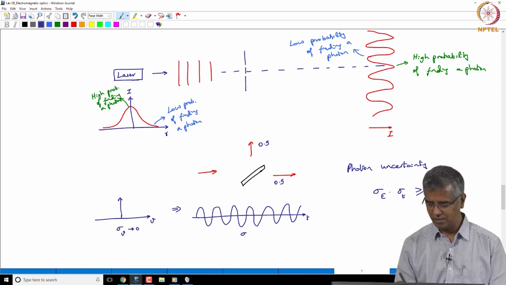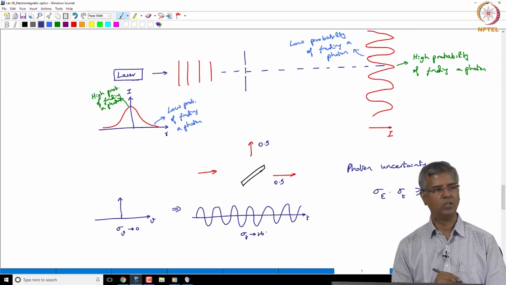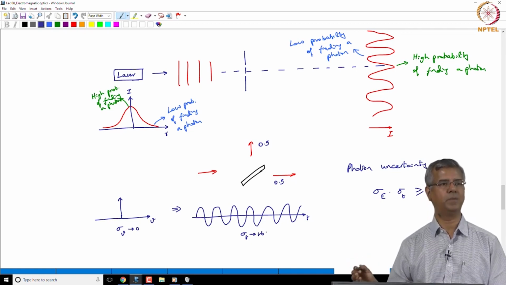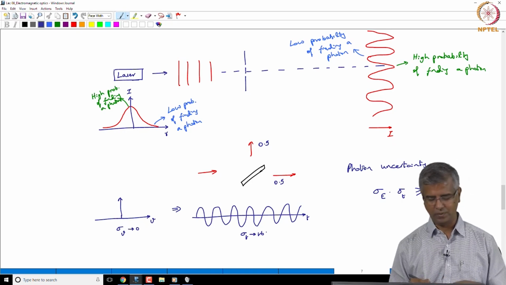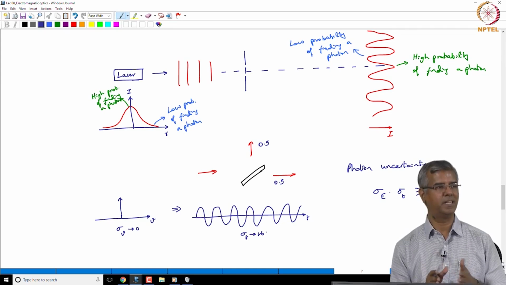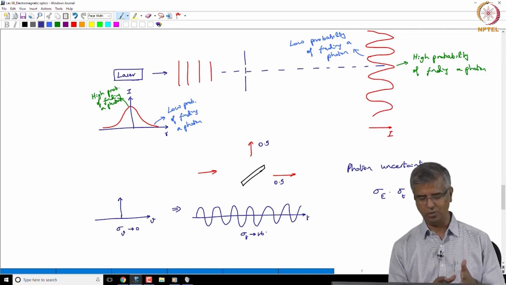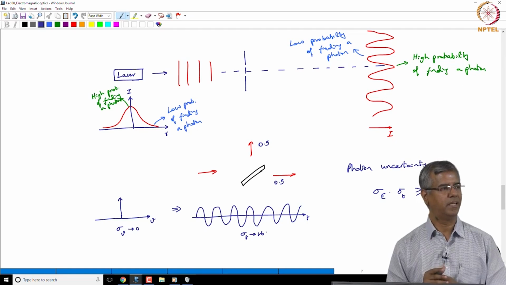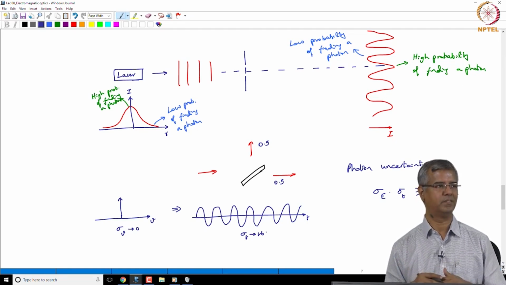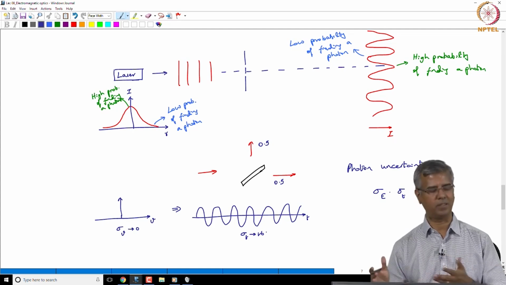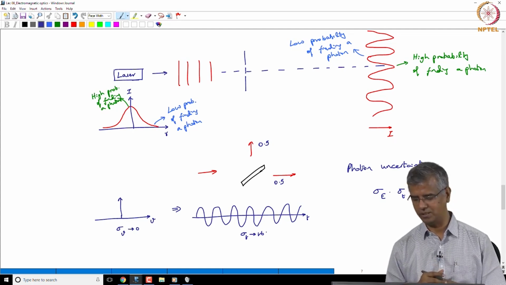Unless you can go to an infinite observation, you cannot characterize this as a monochromatic source. So if your uncertainty in frequency goes to 0, the uncertainty in time goes to infinity. That is what we are talking about as far as the photon uncertainty is concerned.